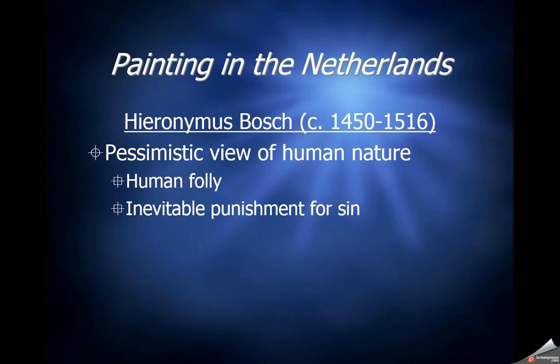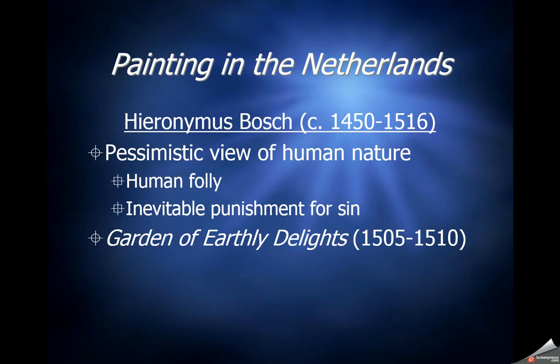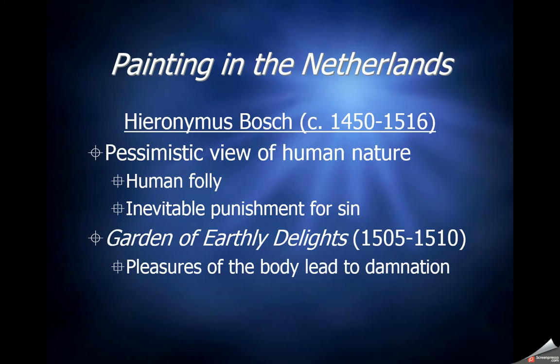So, again, a very pessimistic view of humanity. We see this in his Garden of Earthly Delights. We can see the pleasures of the body that supposedly lead to damnation or lead one to hell. And it has a lot of private and complex symbolism in this painting.